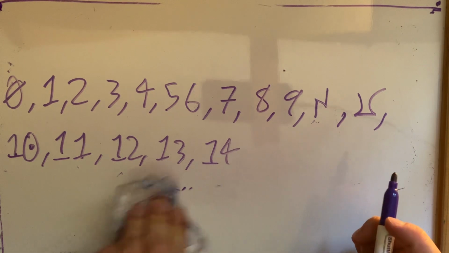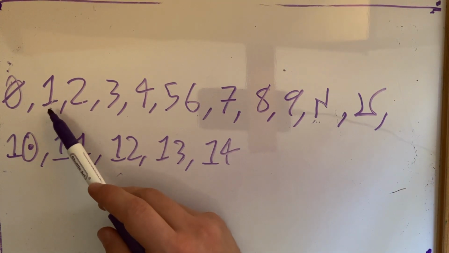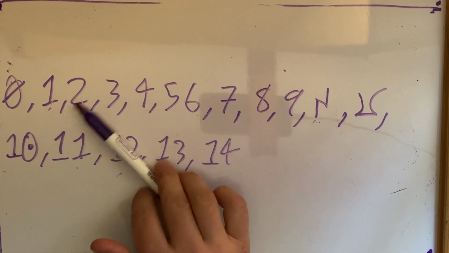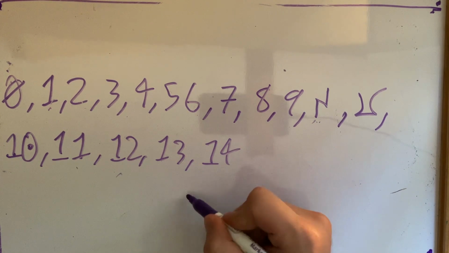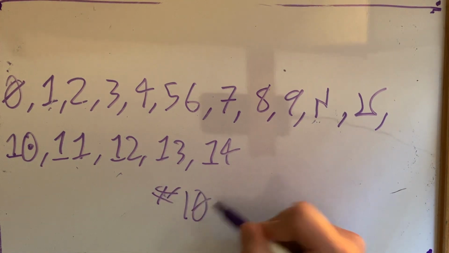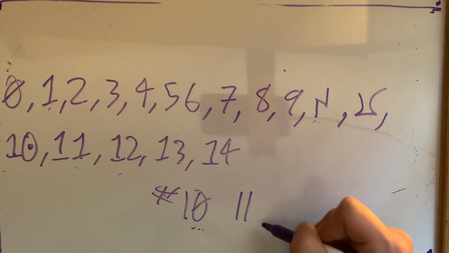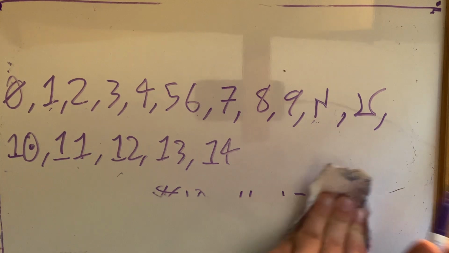The etymology of it, 10 sort of meant twice 1. I think 1 is something like on, and I don't remember what 2 is. I think I have a note somewhere, but I don't know where it is. But it sort of means twice 1. 11 means once after 10, and 12 means twice after 10, if you look at the etymology.